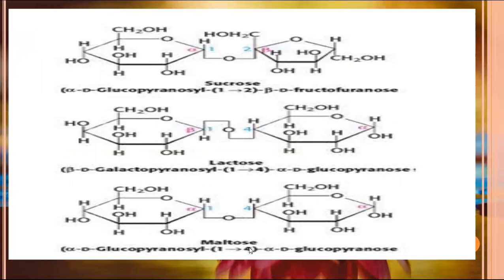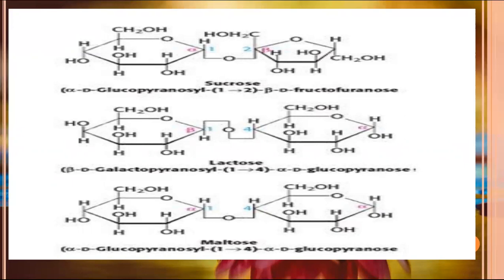Alpha 1,4 glycosidic bonds are present in disaccharides like maltose. So these are the types of glycosidic bonds present in carbohydrates like disaccharides and polysaccharides.